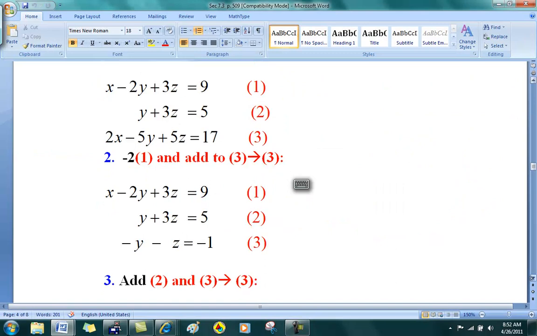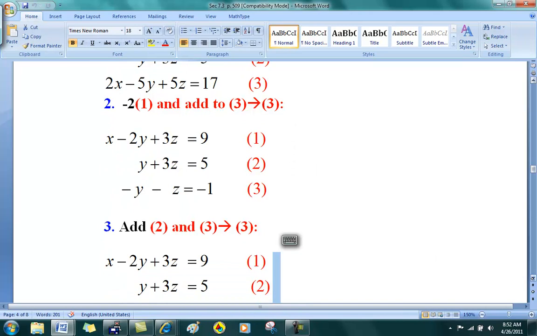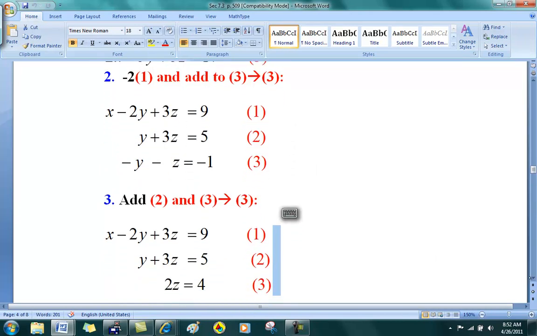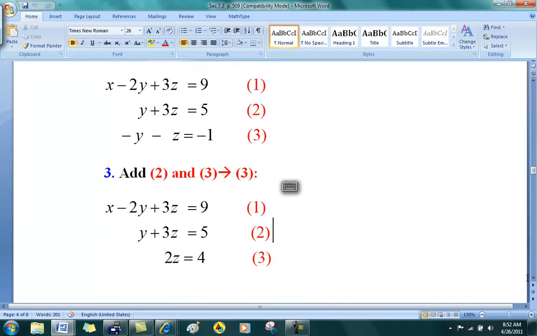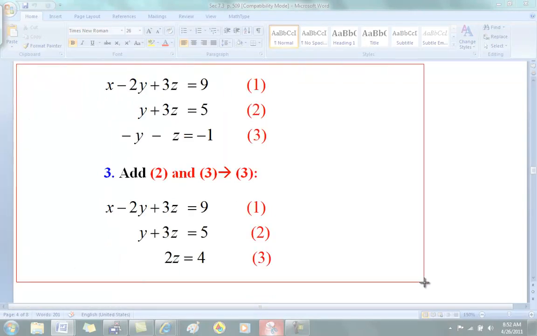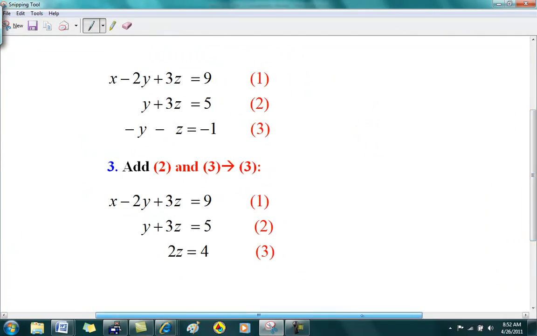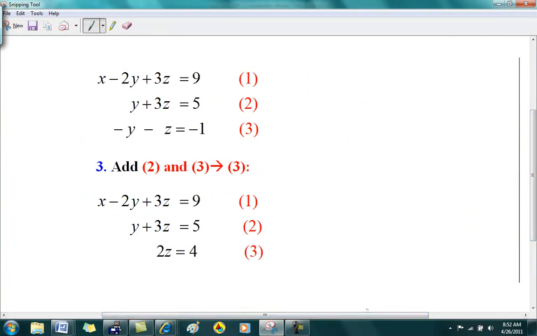How do I go from there? So let me scroll down again and snip again. I'm starting out with this, ending up here. So my goal in this one is to make this a 0.